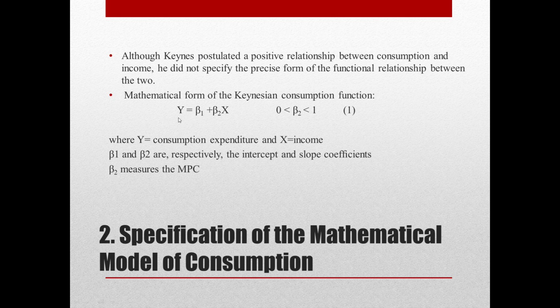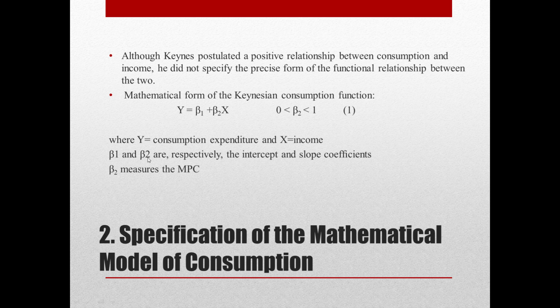This equation 1, which is y is equal to beta 1 plus beta 2x, is an example of a mathematical model of the relationship between consumption and income, which is called the Keynes consumption function in economics. The variable on the left hand side is known as the dependent variable, that is the consumption expenditure y, and the variable on the right hand side is called the independent or explanatory variable, which is x, income in this equation.